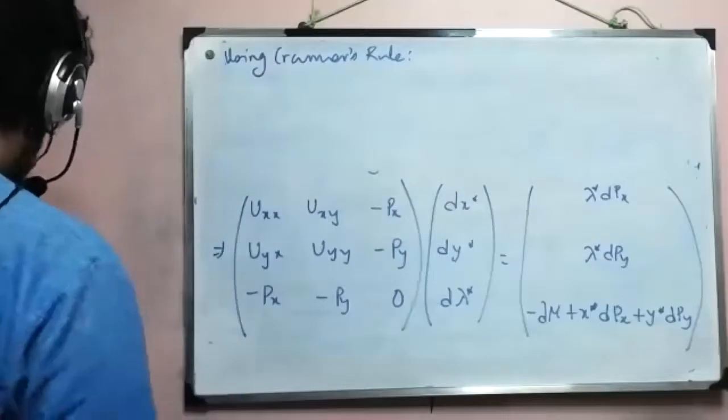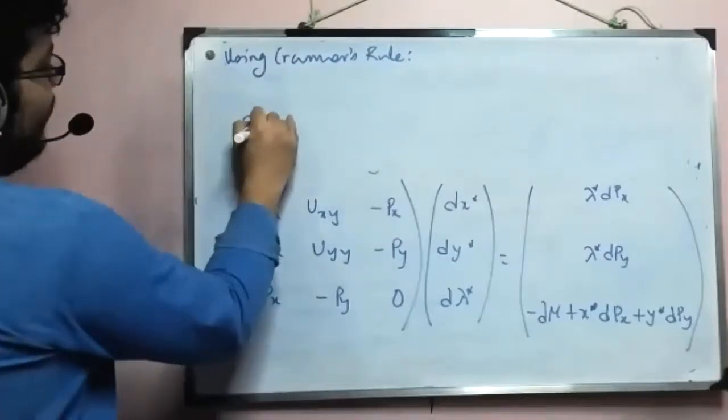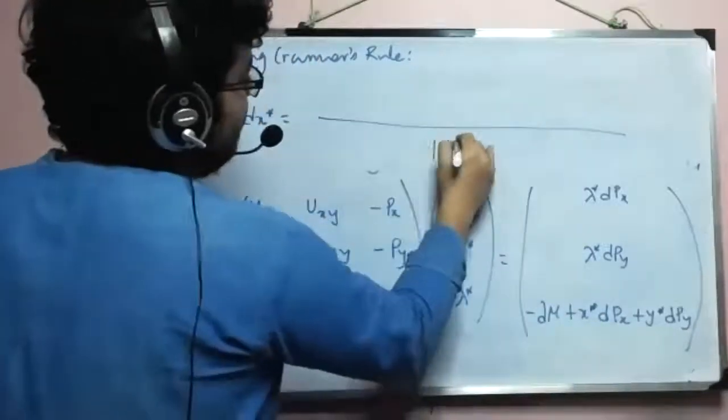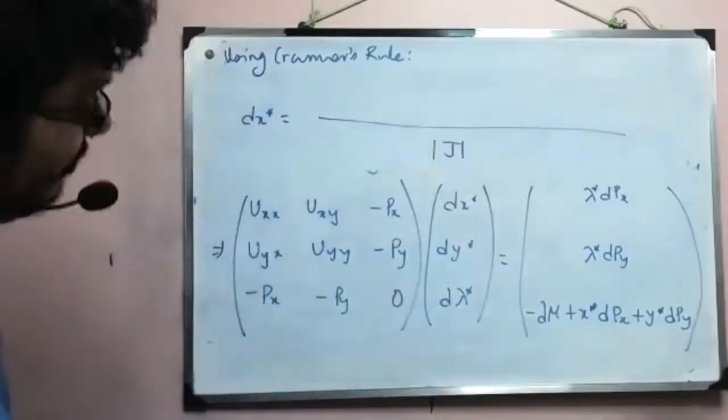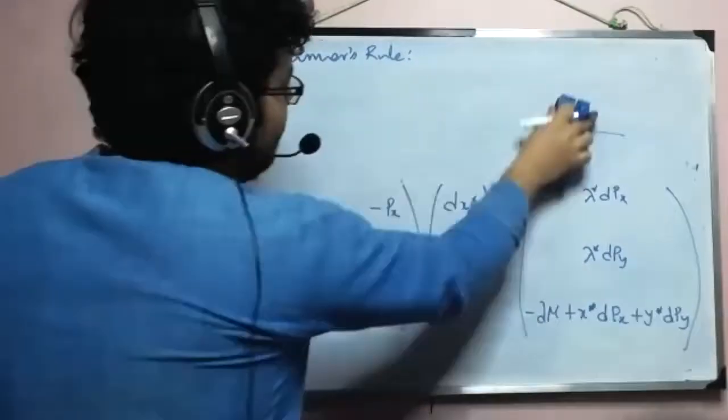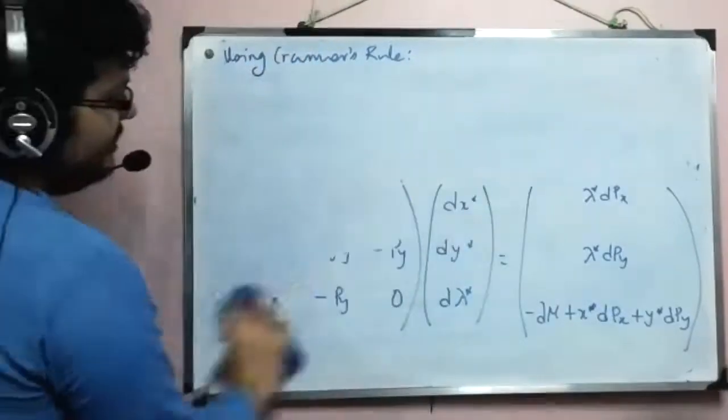what will I have? Okay, now in the determinant form, we know this. This is our Jacobian, right? Okay, this will have a severe lack of space, so I have to erase this also.